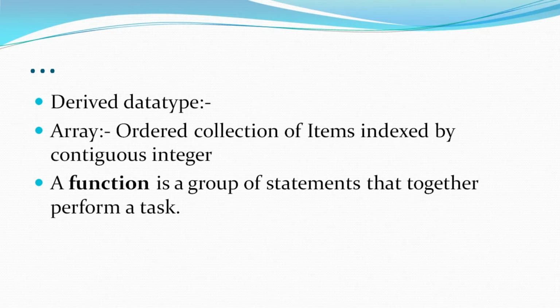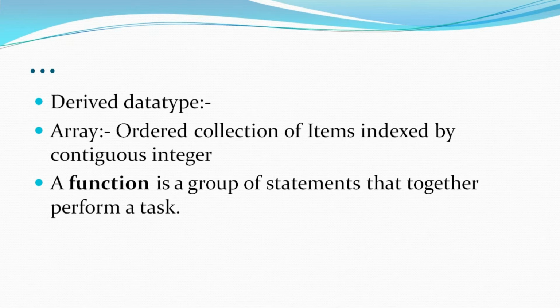These 6 characters will occupy an ordered list indexed by contiguous integers: A will be at the 0th location, B at first, C at second, then 3, 4, 5. In this way it holds them in an orderly manner, it is an ordered collection. So this is known as array.